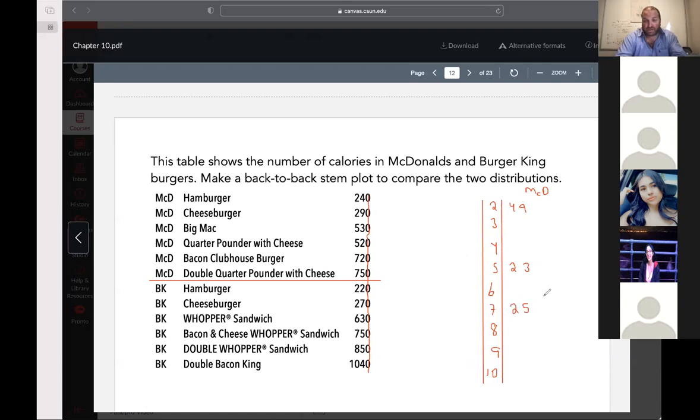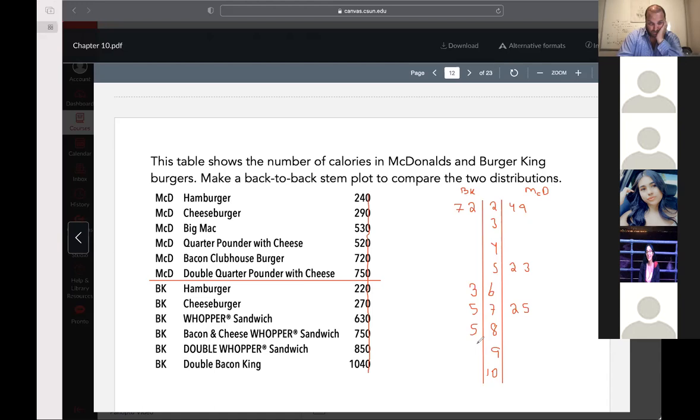So that is McDonald's. Now, what would I do for Burger King? You would go back to the 2 and put a 2 and a 7, on the other side, because this is the Burger King side. After the 6, you'd put a 3. After the 7, you'd put a 5. After the 8, you'd put a 5.